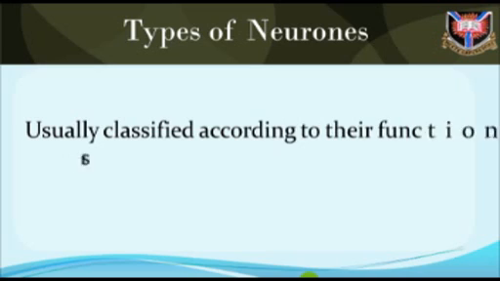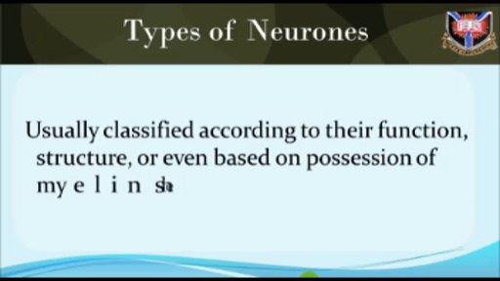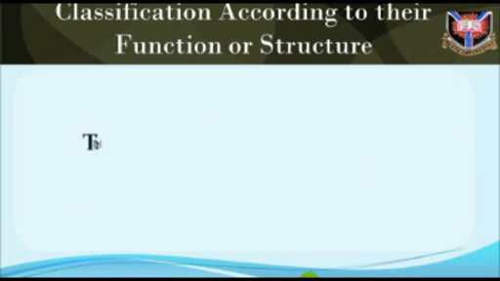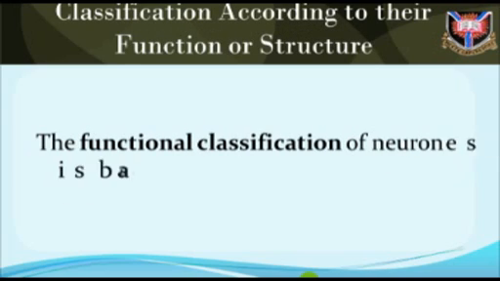Types of neurons. Neurons are usually classified according to their function or structure. They could also be classified based on their myelin sheath possession. Classification of neurons according to their function or structure.